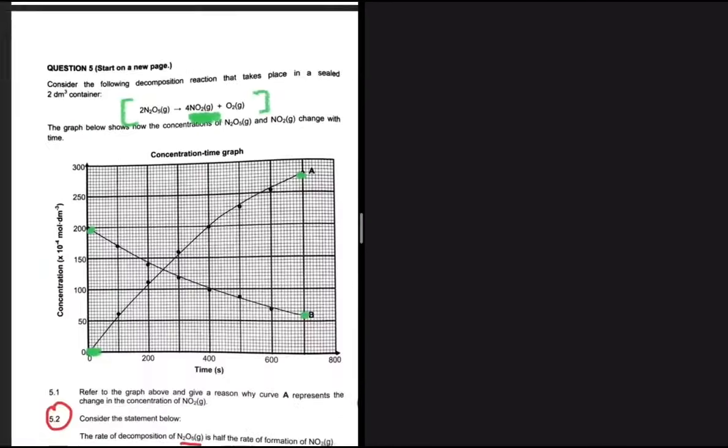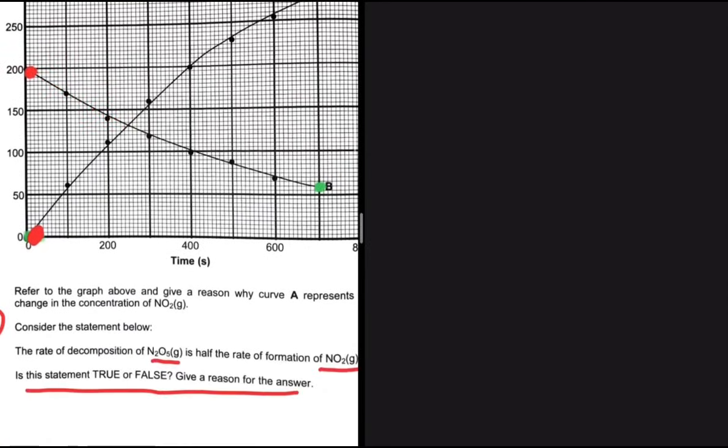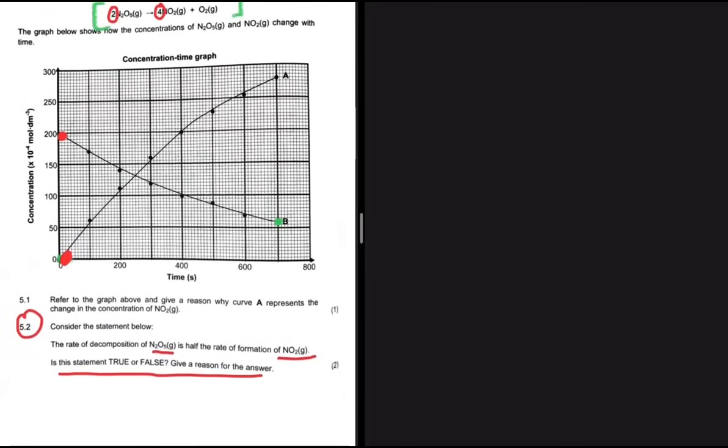So our products, the concentration should be starting at 0, and this is exactly what we have here for this graph A. For this graph A, our concentration is starting at 0 and is going up. And then for the reactants, it is starting at 200 moles per decimeter cube and it is actually going down, right? So that is the reason why we're saying that curve A represents NO2.